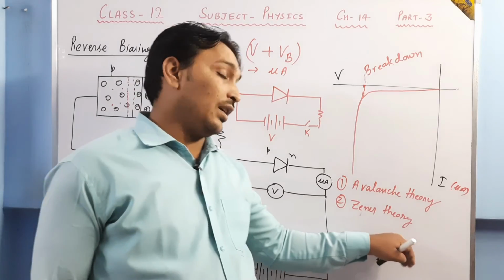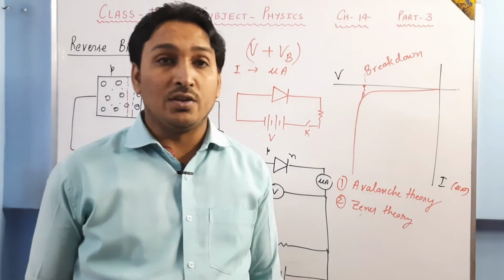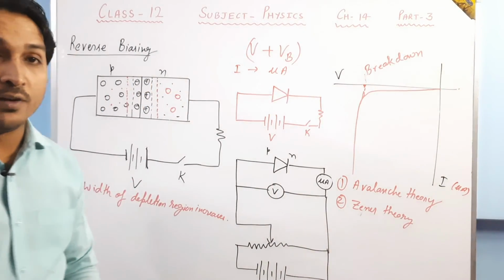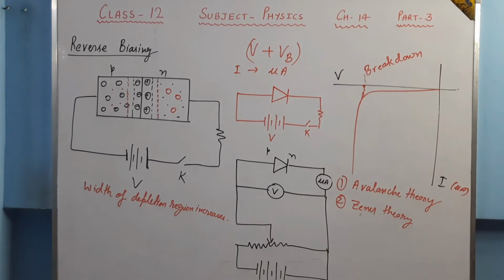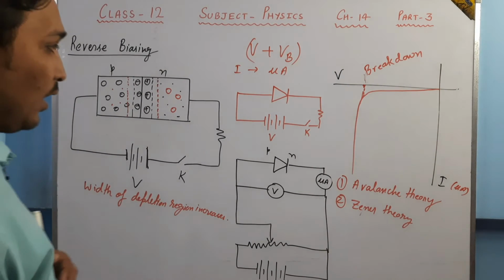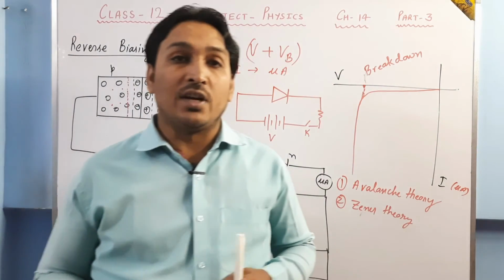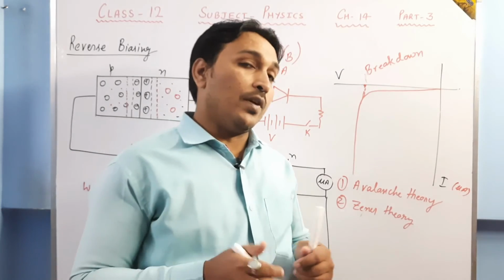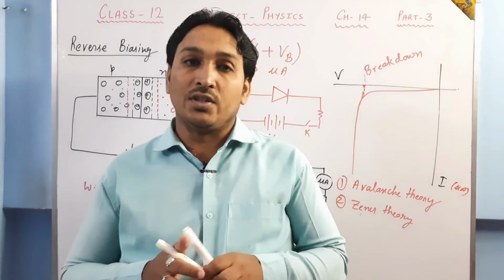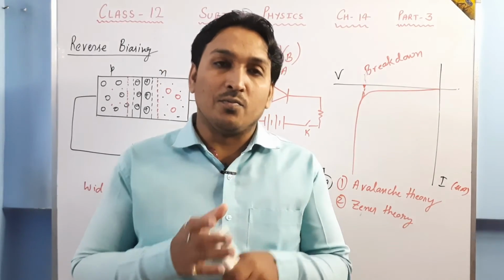Zener theory is applicable for PN junctions which are heavily doped. When they are heavily doped, there are very high numbers of majority charge carriers, and the depletion region is small.